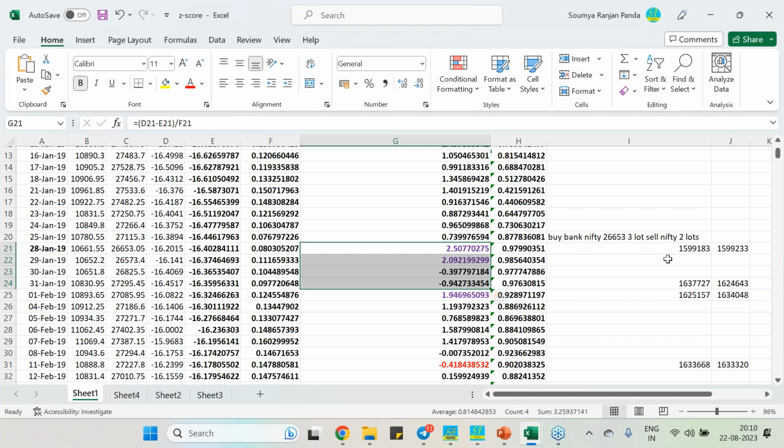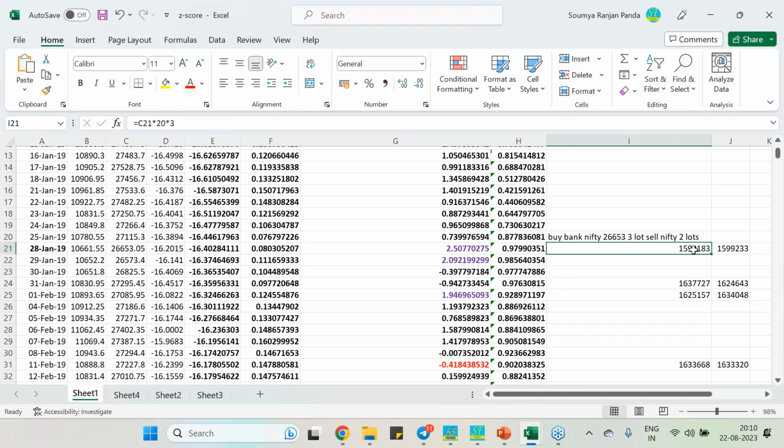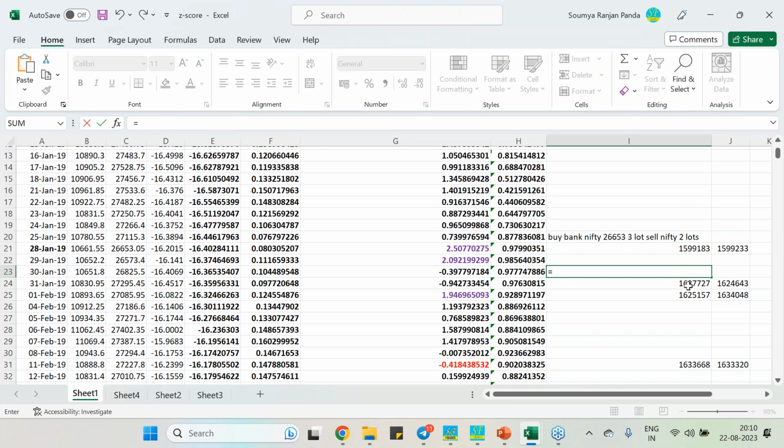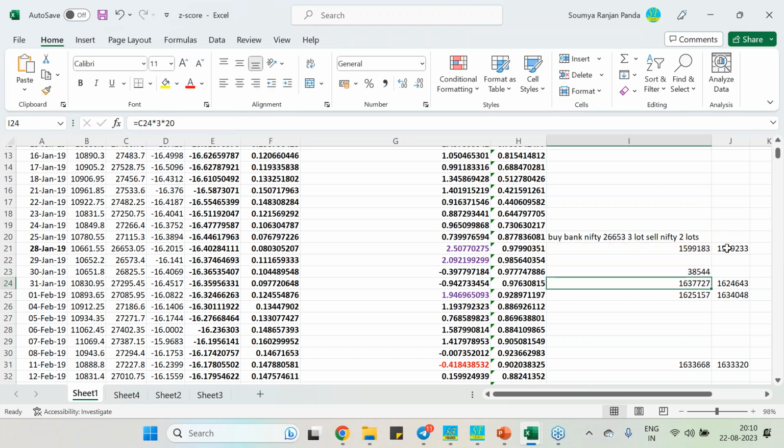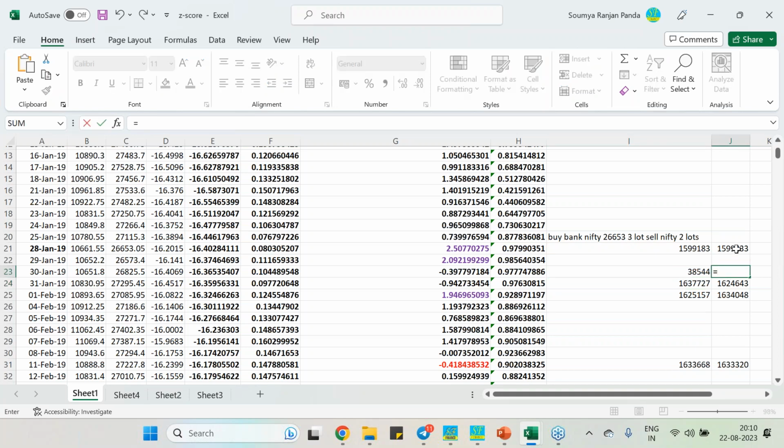Here, the Bank Nifty we bought gives almost 40,000 rupees gain. Bank Nifty is bought, and here it is closed, so Bank Nifty gives this profit. And how much loss is Nifty giving? This is the Nifty and this is the value.